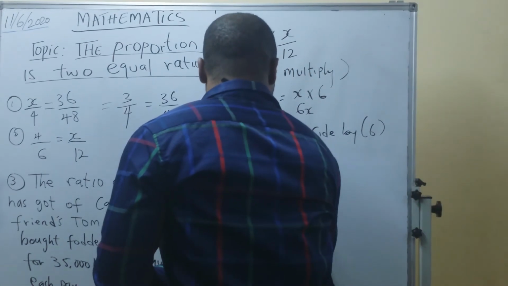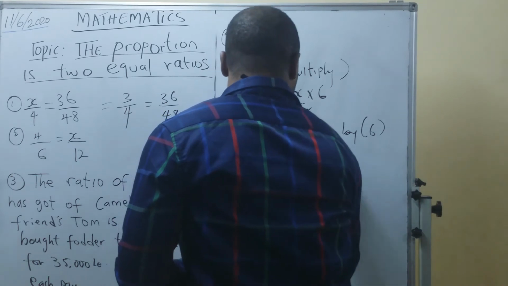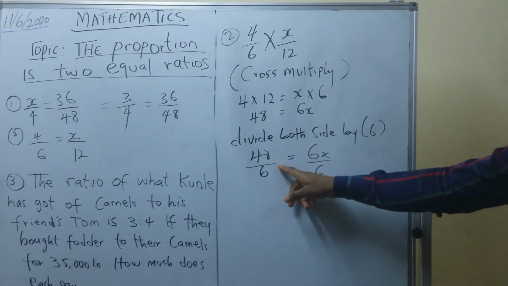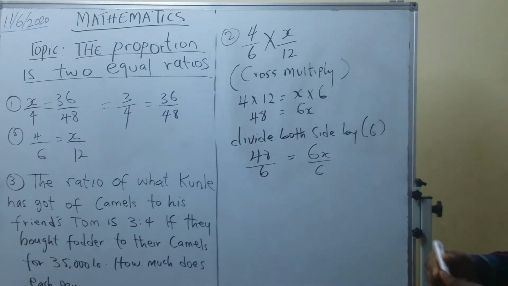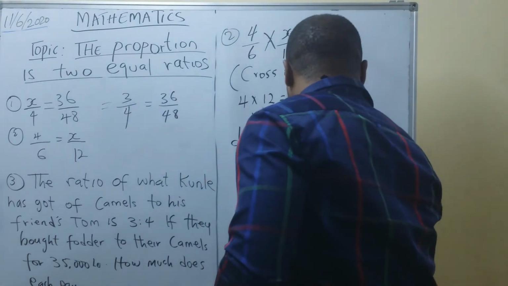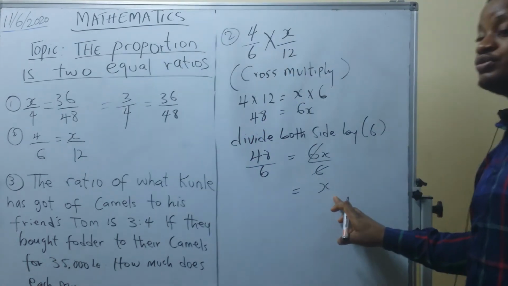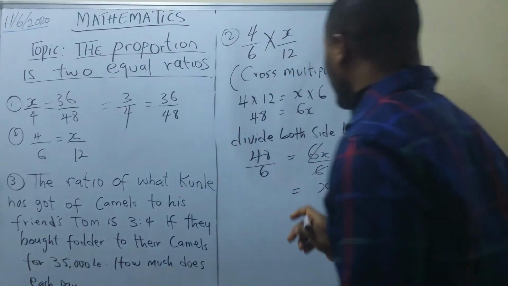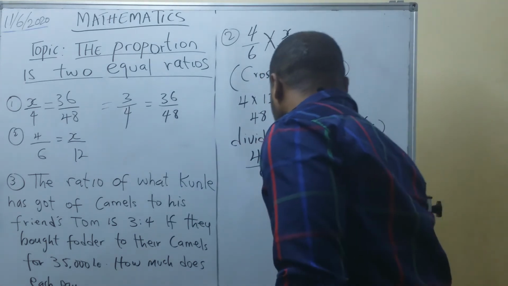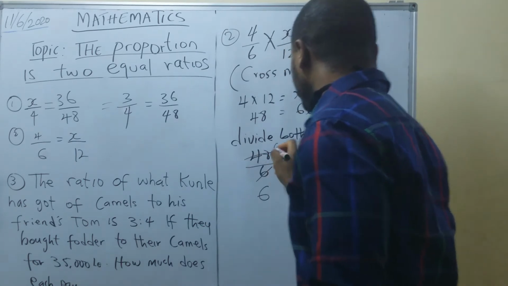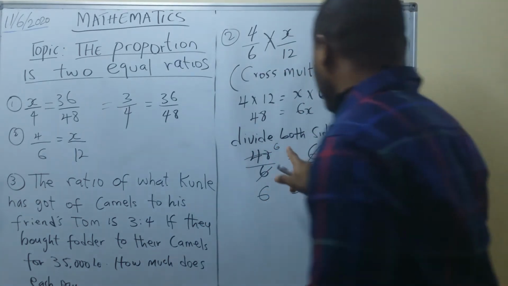So we have 48 over 6 is equal to 6x over 6. Now, I've cancelled 6 and 6. X is standing alone. Now, what is the value of x? How many times can 6 go into 48? 8 times, sorry.